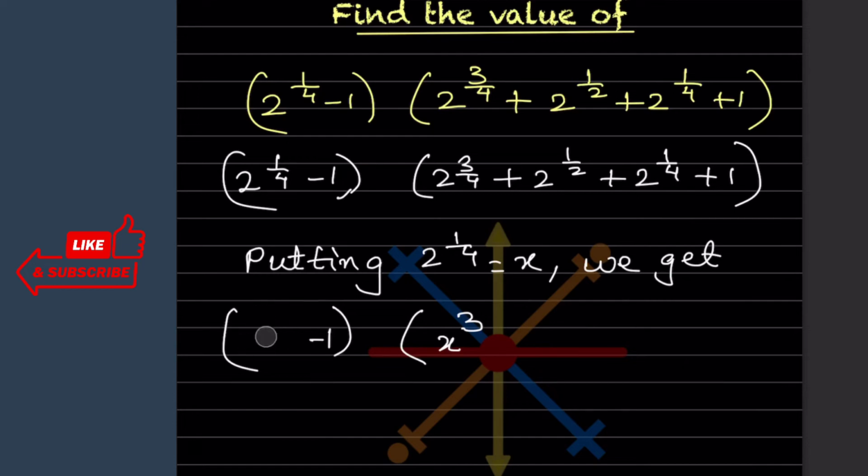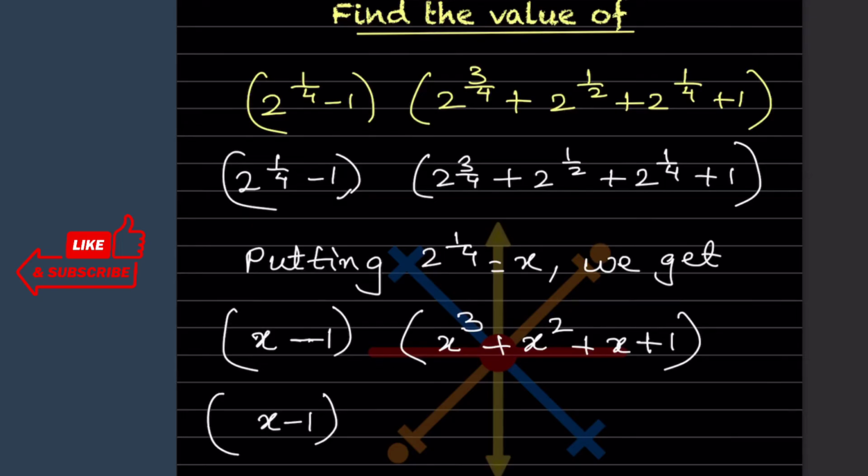Here we can directly write x, because we already put the value. For this one we can write x square. For this part we can write x, and this will be as it is. Again we'll write x minus 1 the same.